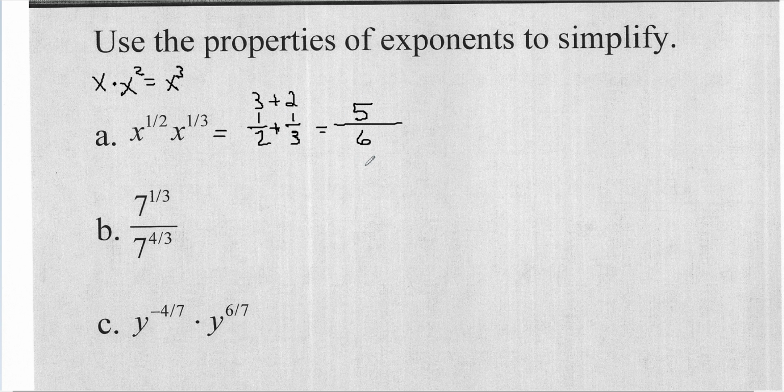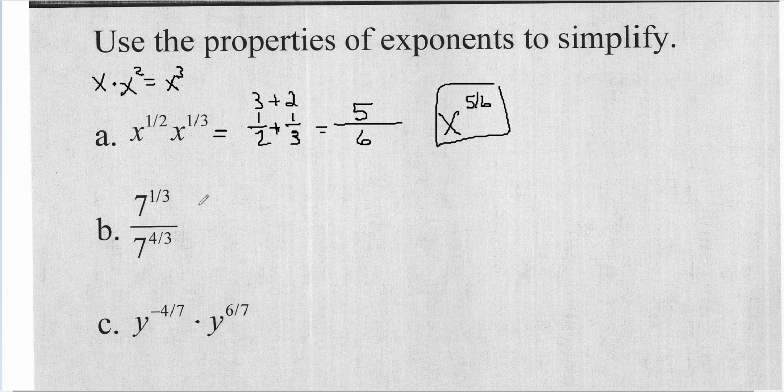It's a nice little way of doing fractions with single digits. However, that's not our answer. It's x to the 5 over 6. Just so we don't get carried away.